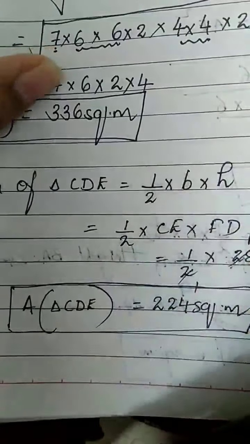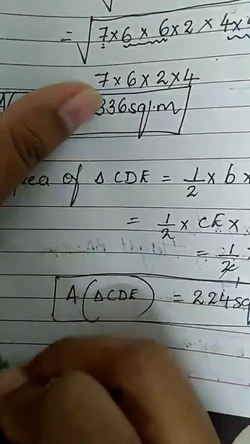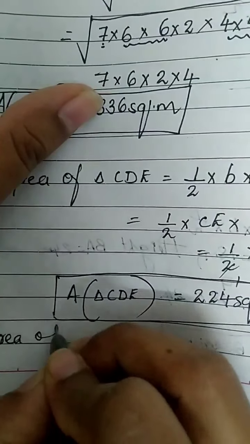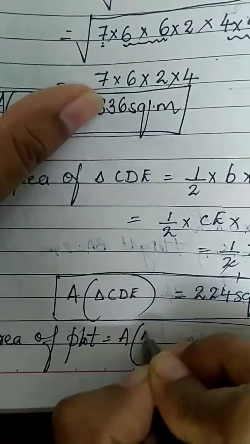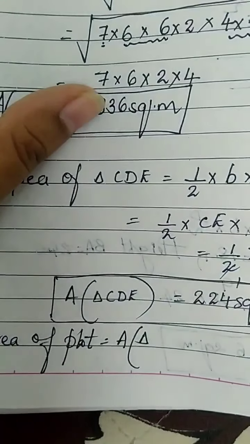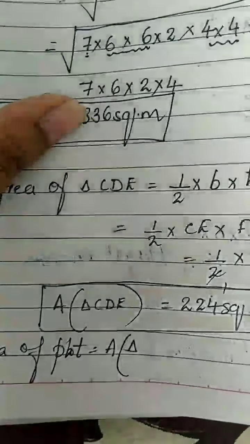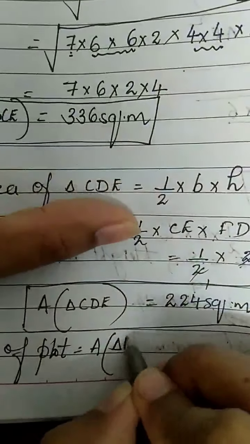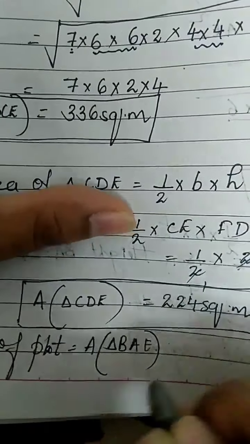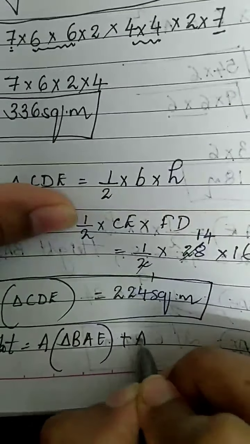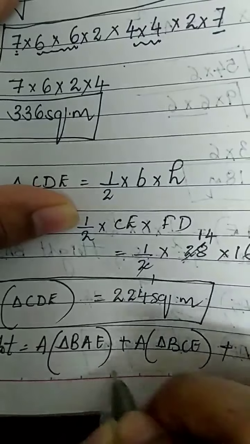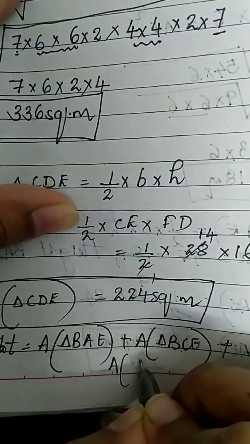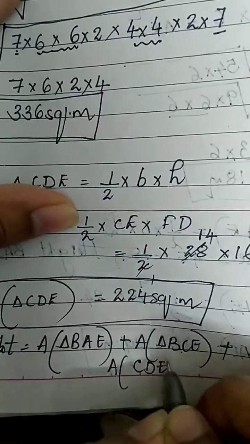Now what will be the area of plot? Area of plot is equal to area of triangle. What was the first triangle? First triangle was BAE. Area of triangle BAE plus area of triangle BCE plus area of the last triangle, which was CDE.